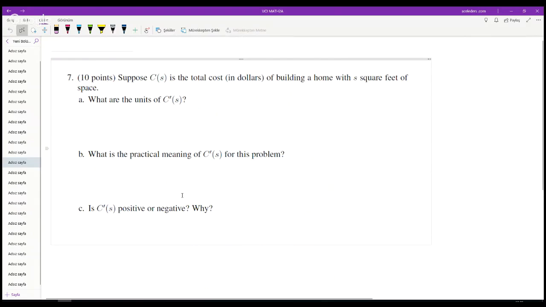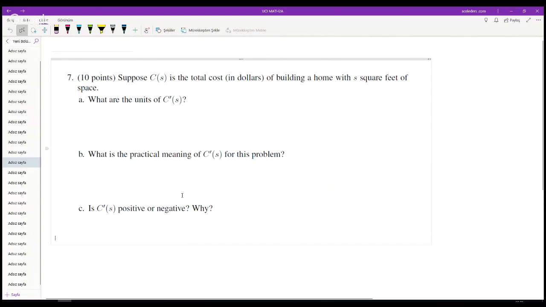Suppose C(S) is the total cost in dollars of building a home with S square feet of space. So S is the square feet of home space and C is the total cost. Therefore, C is the cost and the cost changes with respect to S. Okay?